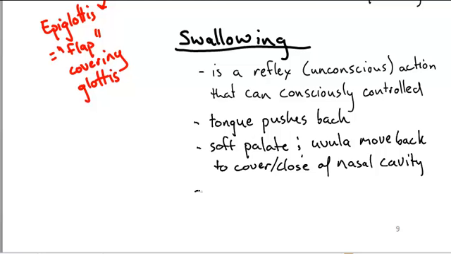At the same time, and you can do this, put your hand right on your throat where your Adam's apple is, easier for guys. Put it on your throat and feel what your trachea does as you swallow. The trachea is the front tube where the air goes down. The little epiglottis flap does not actually flap open or close. Indeed, it's your trachea that moves and closes it off.